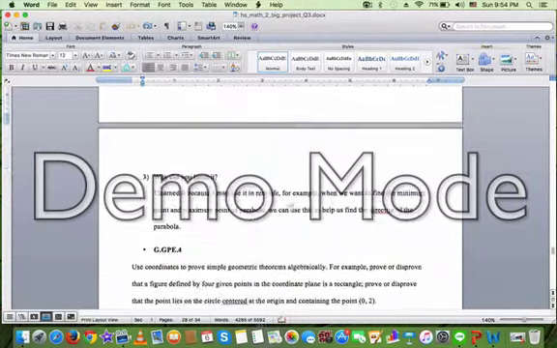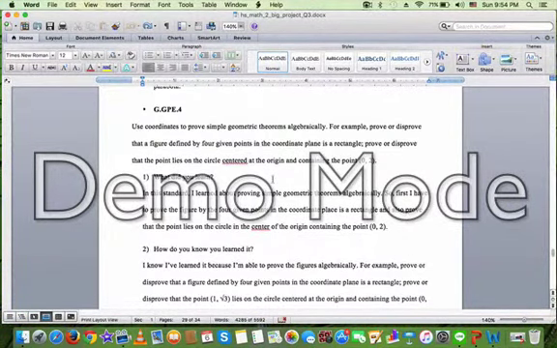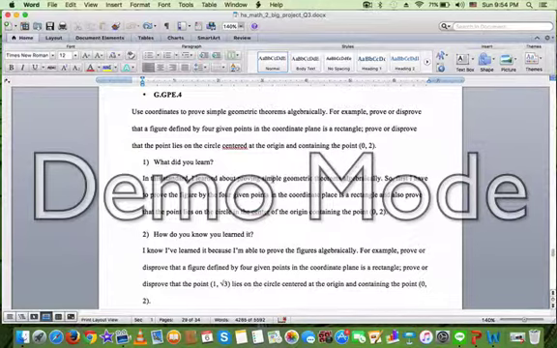For example, drawing a kind of rectangle, and to figure out the question, we can find the slope and find that the slopes are equal to each other. And the next one is about proving simple geometric theorems algebraically.